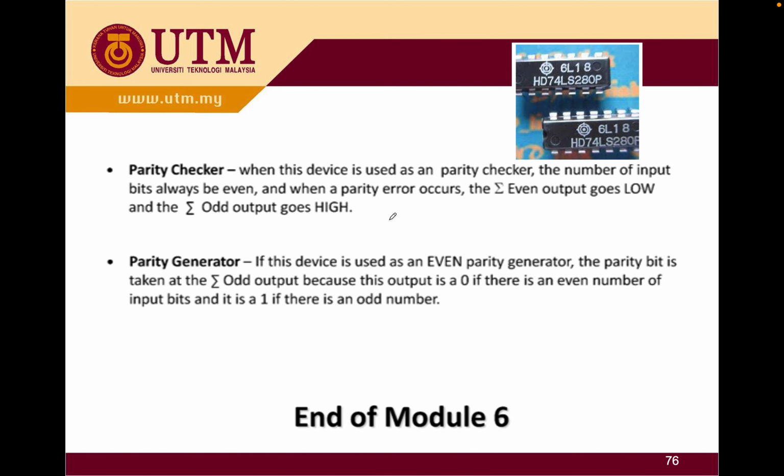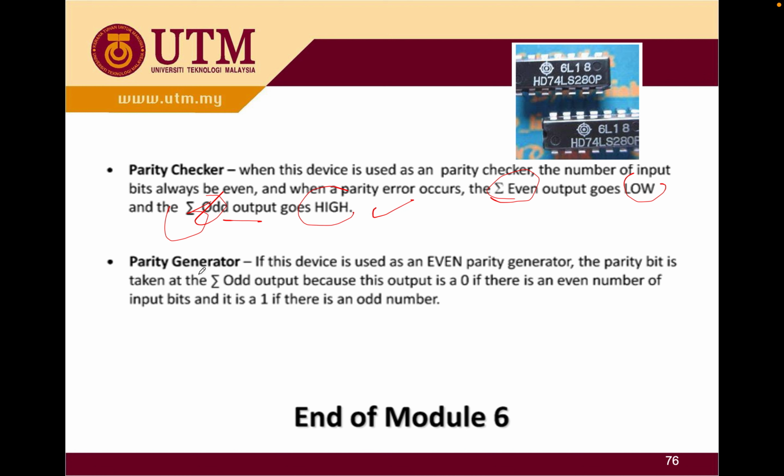It's already fixed. And parity checker: when this device is used as a parity checker, the number of input bits should always be even. And when a parity error occurs, the sum of even output goes low and the sum of odd output goes high. You need to understand these segments.